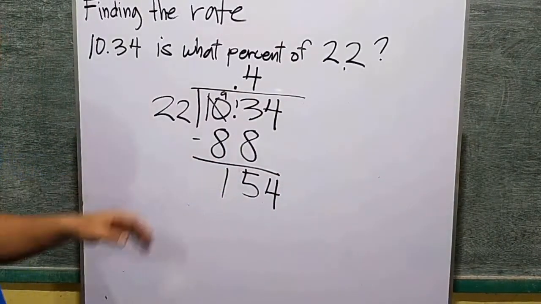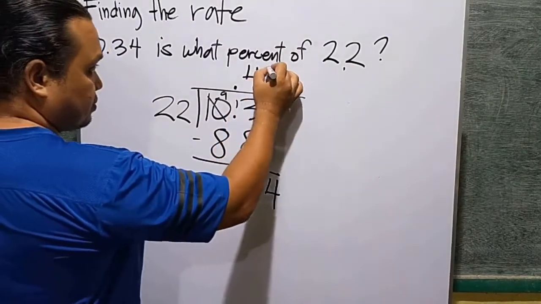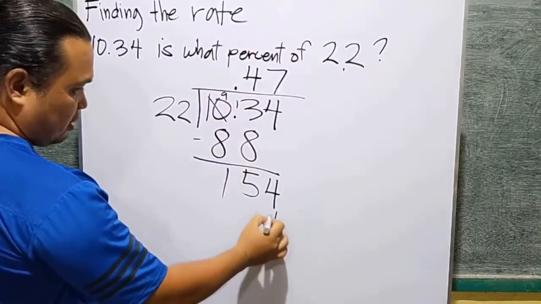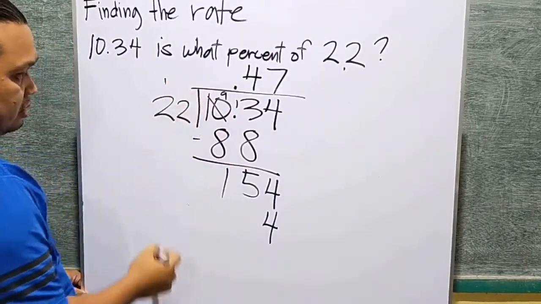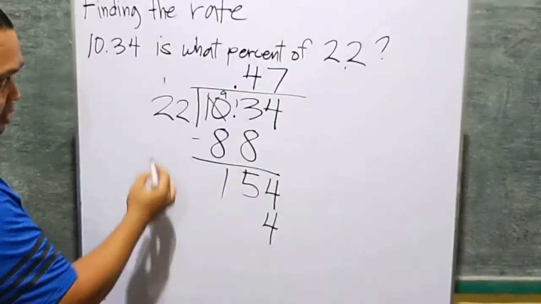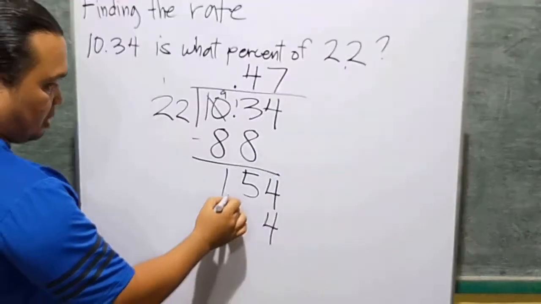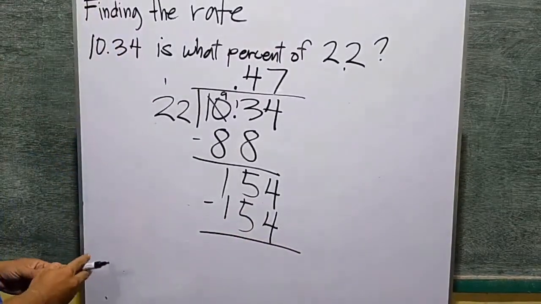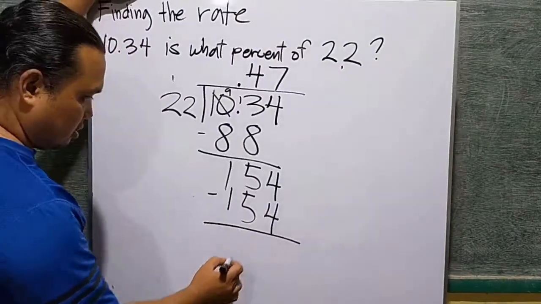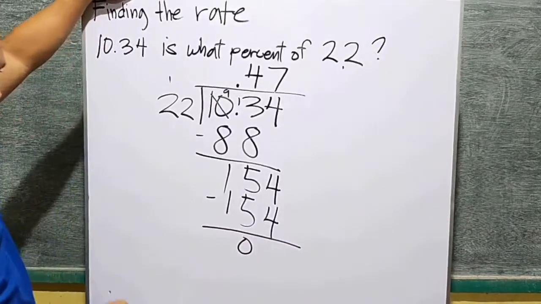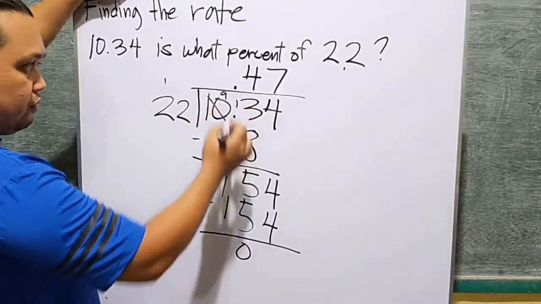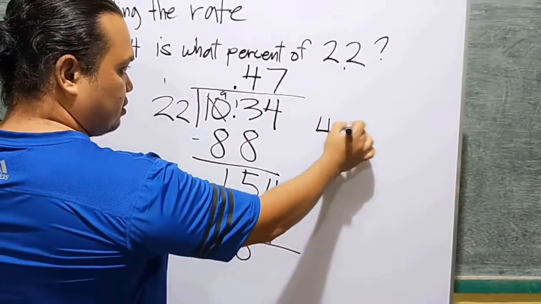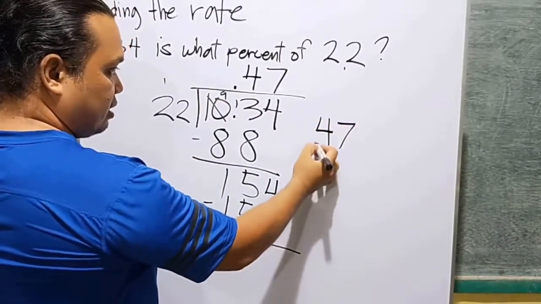154 divided by 22. Let's try 7. 7 times 2 is 14, 4 carry 1. 7 times 2 is 14 plus 1 is 15. So we have 1 and 5. Now 154 minus 154 is 0. So we have 0.47, a decimal number.